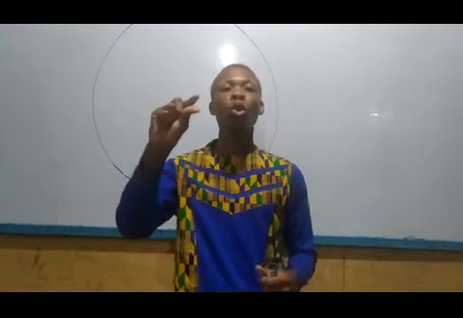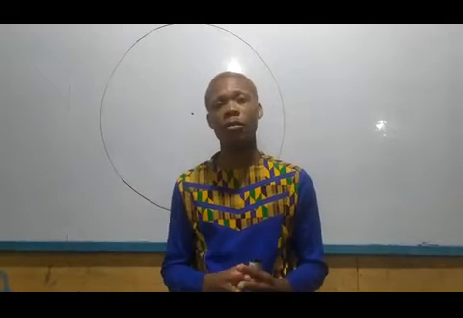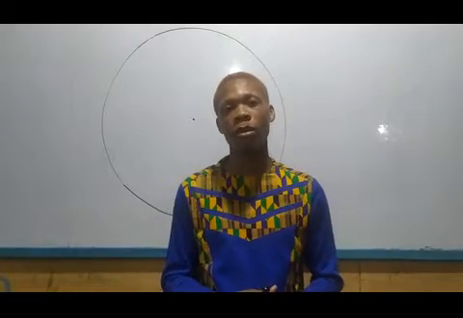So you realize that from the definition we had technical terms in there which I explained, the term locus and the term equidistance. When we say something is a locus, it is a set of all points or lines which satisfy specific conditions.